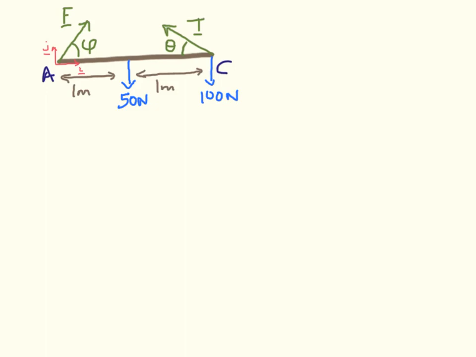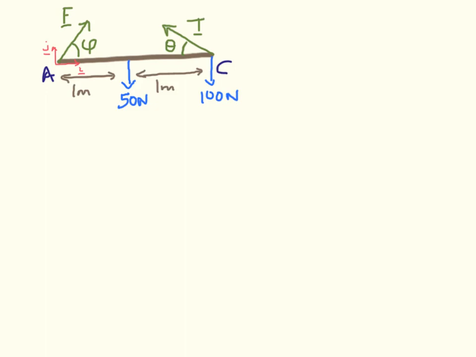I could say, let me take moments about C, for example, and this is then going to have a negative moment about C, balanced by this force having a positive moment about C, and the tension and the force applied at C have no moments about C because they act through the point. But the trouble is that we want both components of this force, and that's only going to give us an equation for one.